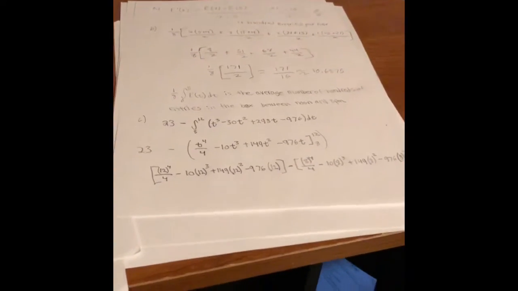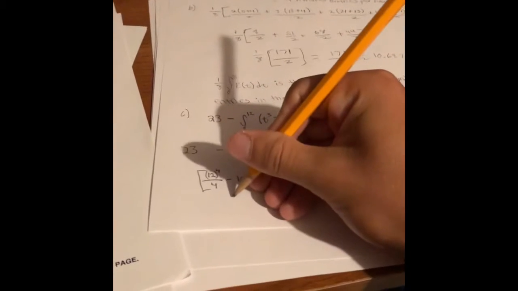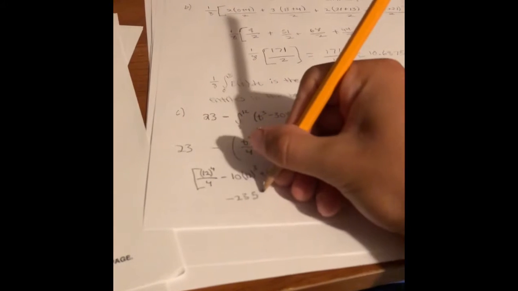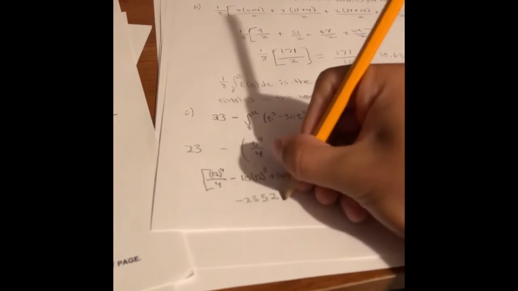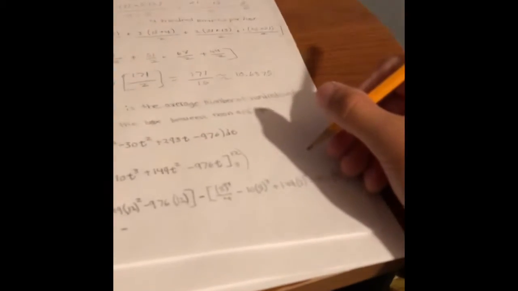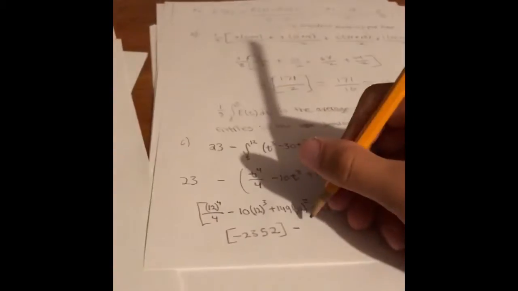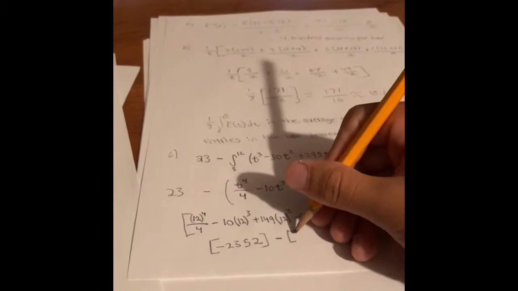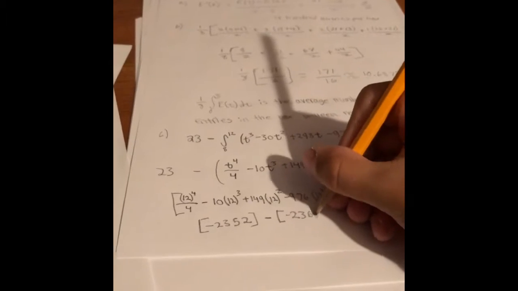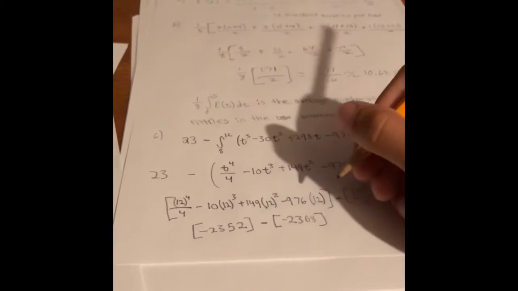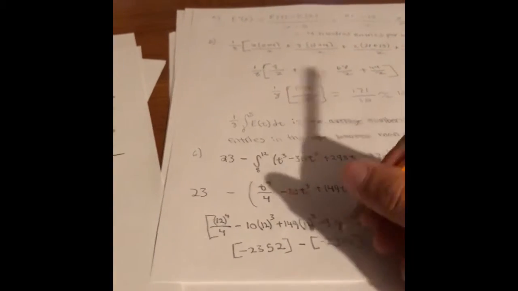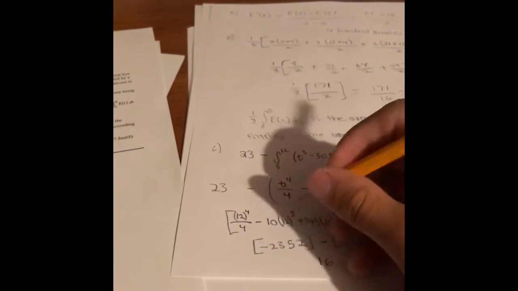Alright, so this basically comes out to negative 2,352 minus, and then for the 8 side it comes out to negative 2,368. So these become positive. So this is added, and this becomes 16.